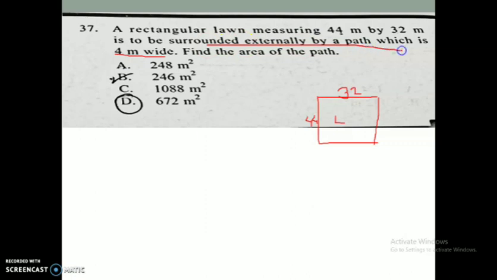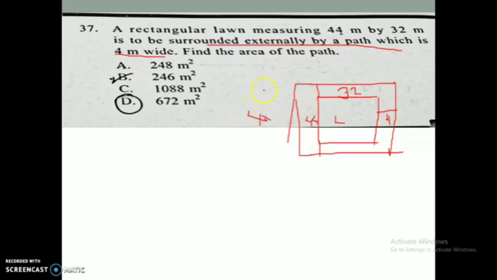To find the area of the path, we have to consider this outer rectangle, calculate the area of this outer rectangle, then calculate the area of the lawn and subtract it from the outside rectangular area.